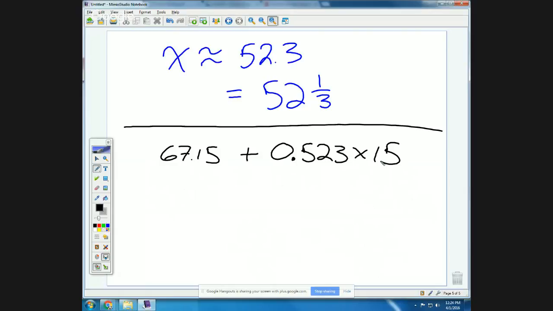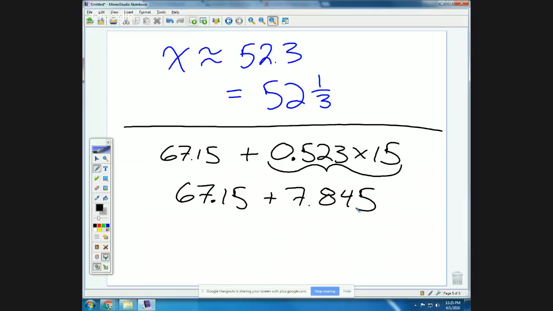So what is 52.3, or 0.523, times 15? It's going to be 7 point something. Is it 7.8? 7.845?